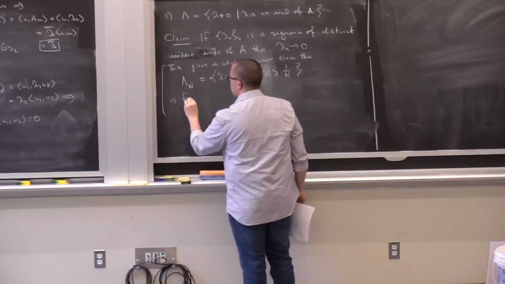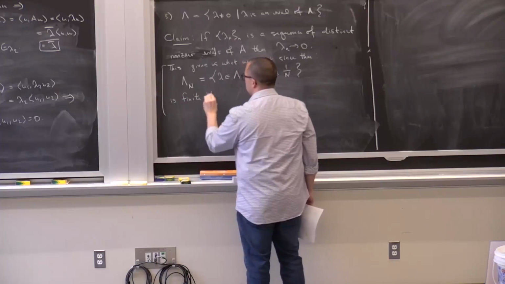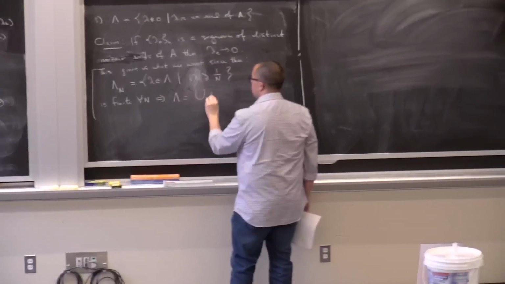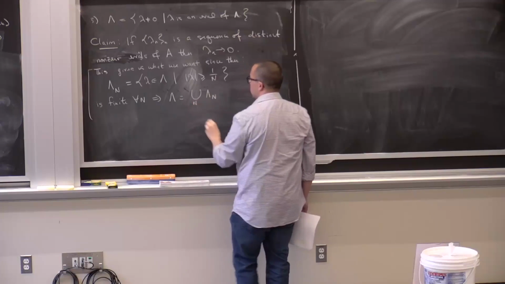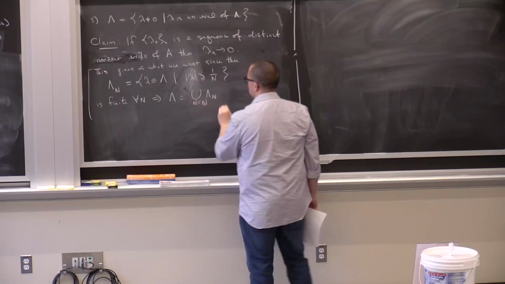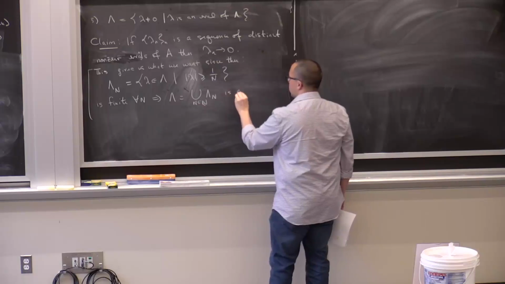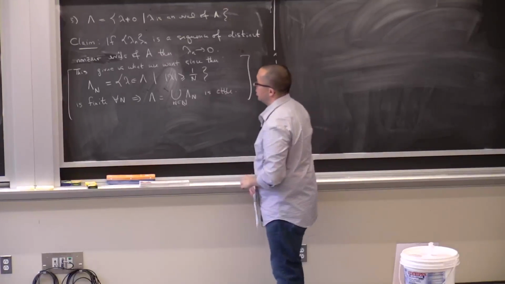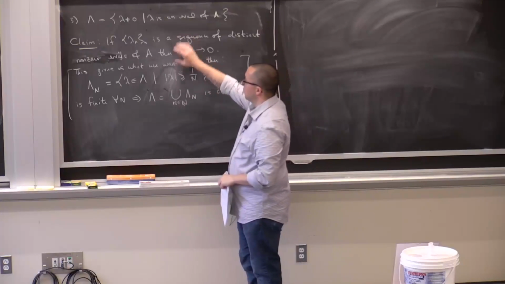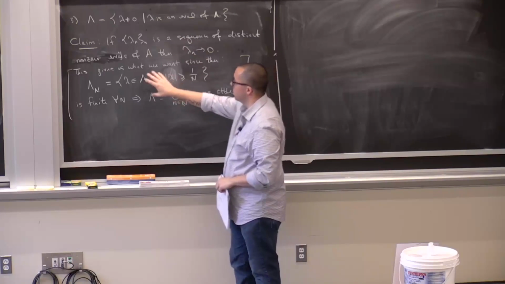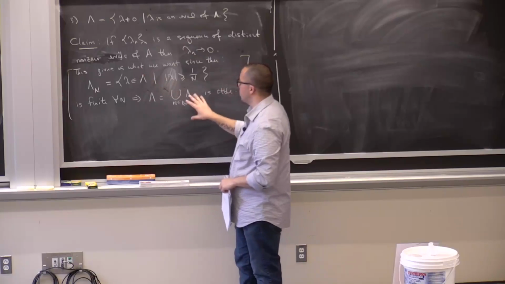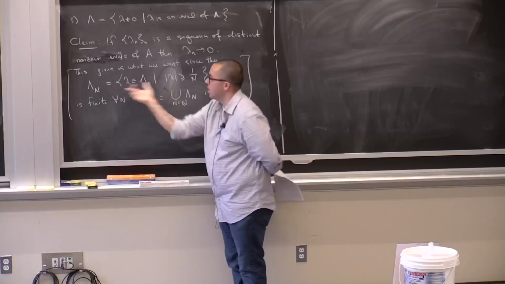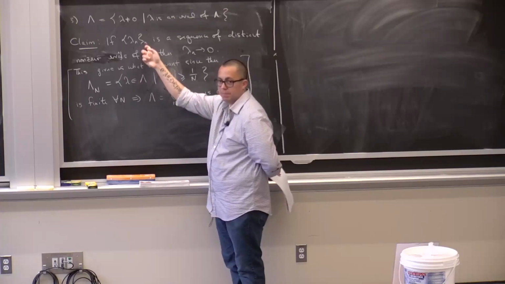So my claim is that this is finite for all n, which implies that lambda, which is the union of these sets, is countable. Okay, so assuming this claim, that this is finite for all n, this implies this is countable, that's clear. So why do I get that this set is finite, assuming this claim?